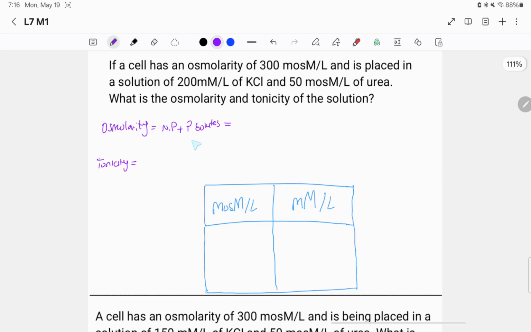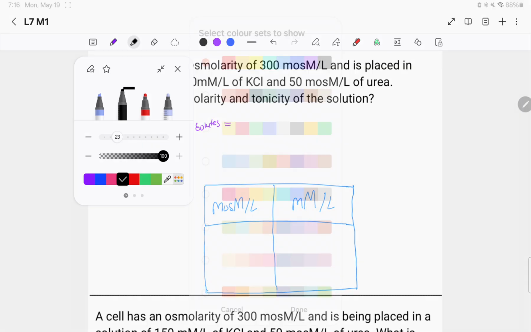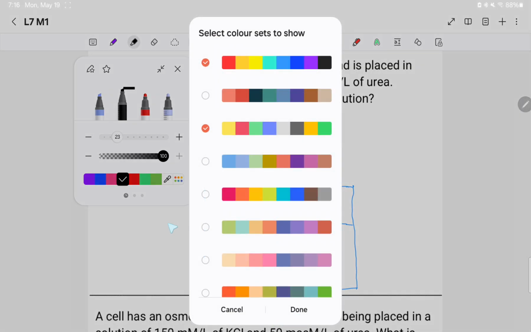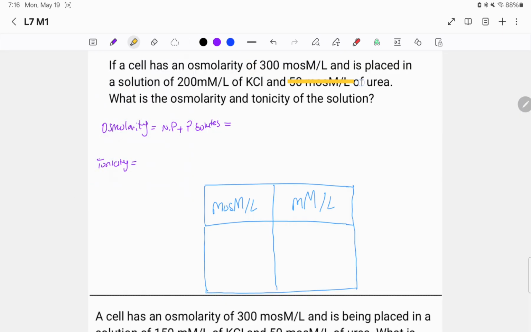Okay, so let's figure out what is the penetrating solute and the non-penetrating. Well, let's pull out the highlighter here, just for the sake of easy work for us. So we say that we have 50 milliosmoles of urea, 200 millimoles of potassium chloride, and the cell has an osmolarity of 300 milliosmoles.